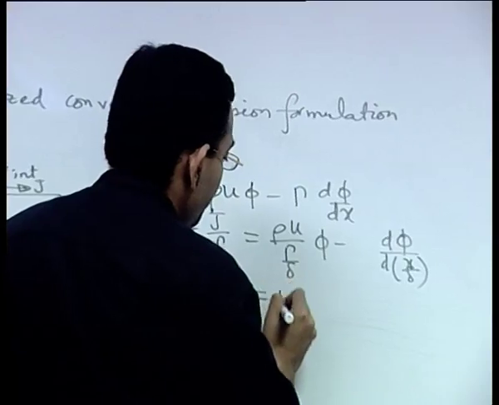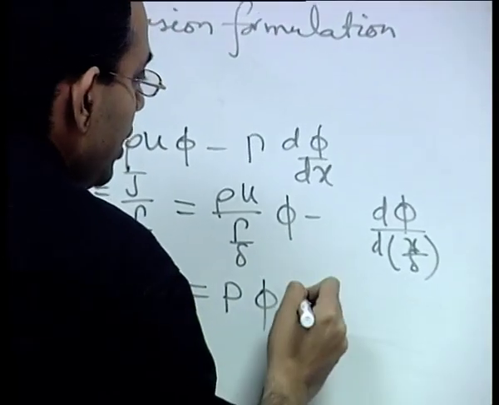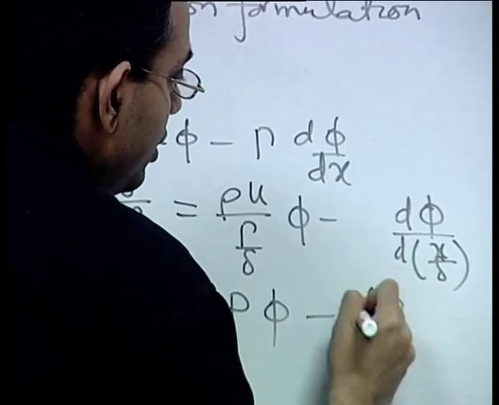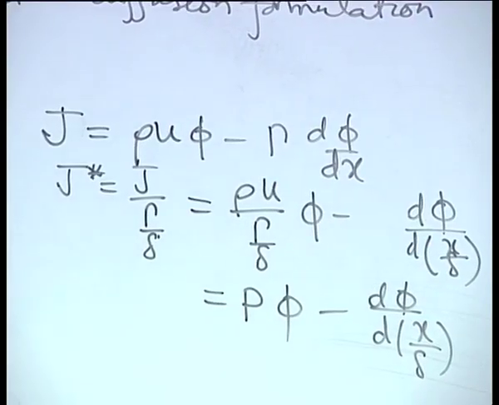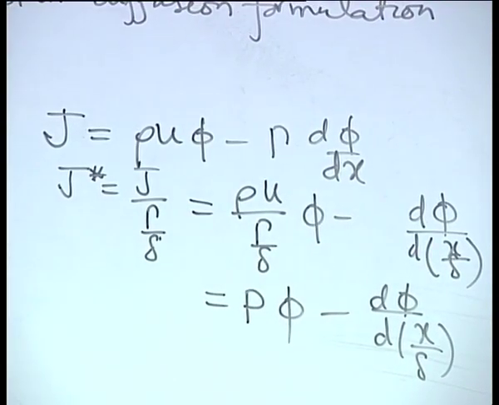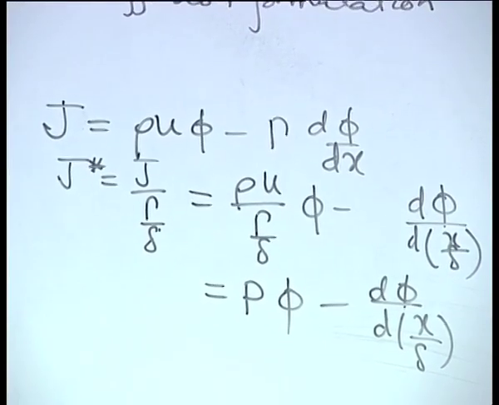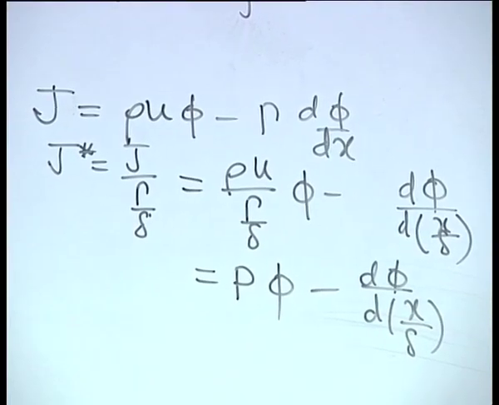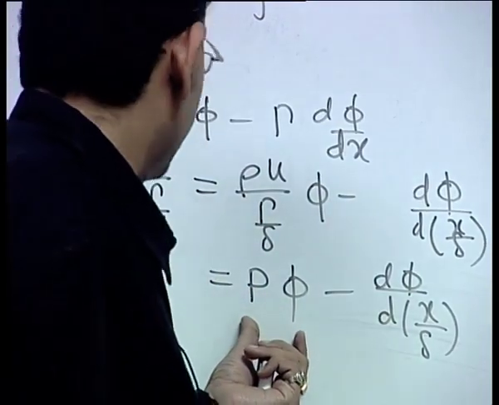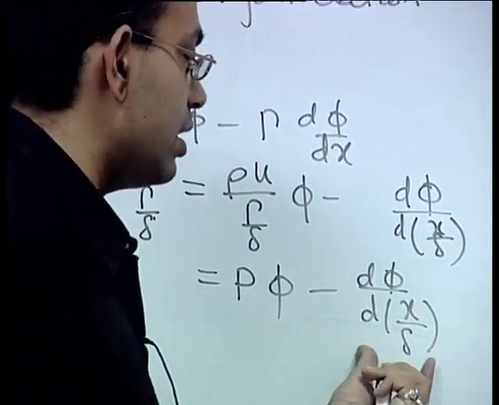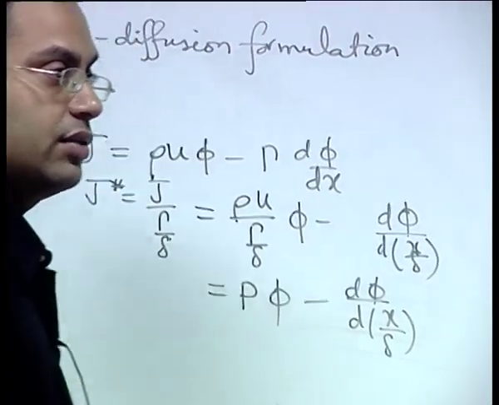So, this is Peclet number into phi minus d phi dx by delta. Clearly the first term is the non-dimensional advection flux, and the second term is the non-dimensional diffusion flux.